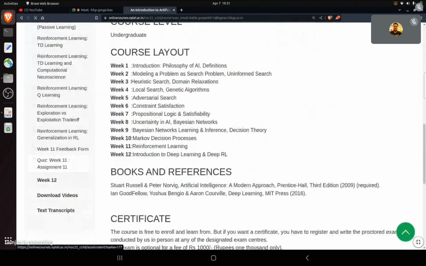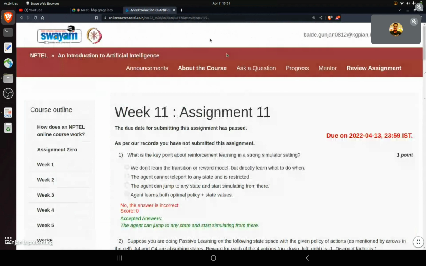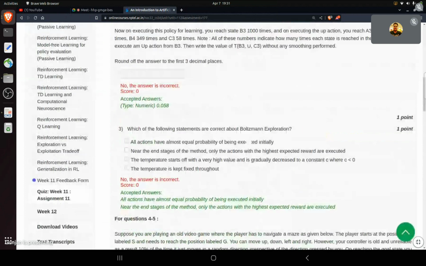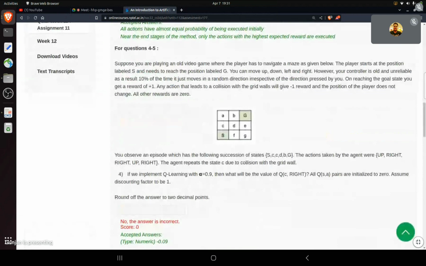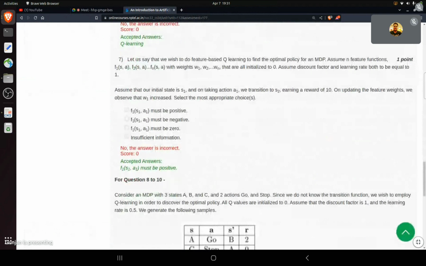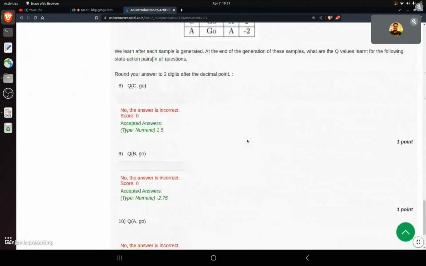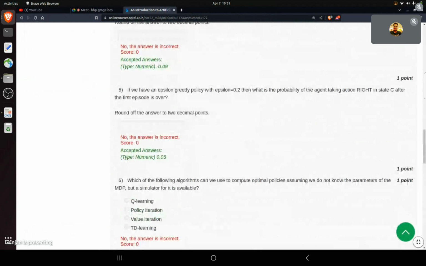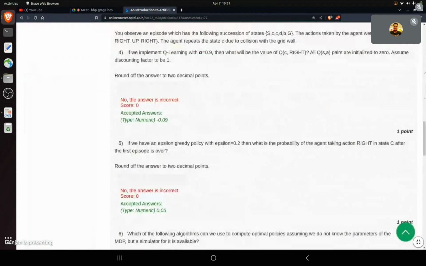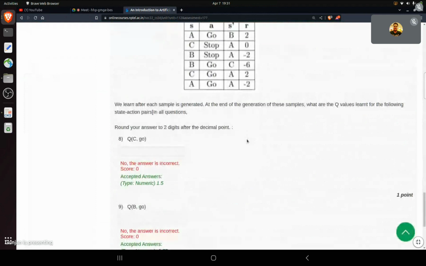Q learning is also in this week, and TD is also in this week. In this iteration of the quiz, it is much more focused on TD learning, whereas the previous one was only focused on Q learning. The previous year's question paper didn't even have a TD learning question. Yes, that is true. I did not see that.